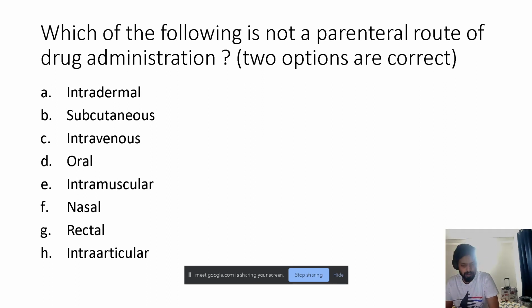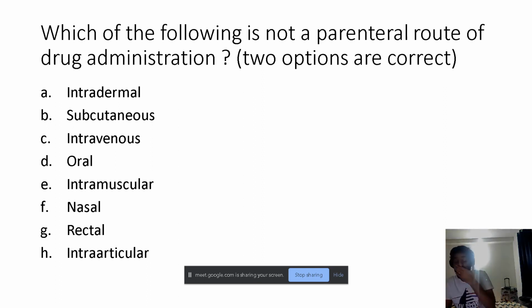Option D and F. Okay. Oral and nasal. D and G. Okay, D and G. So nasal route, why do you think it's not parenteral? Nasal route of administration will directly give access to your lungs, your respiratory system, essentially, and in some cases brain as well, bypassing the blood-brain barrier.